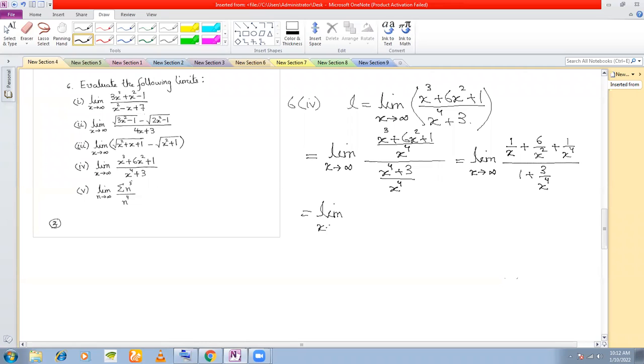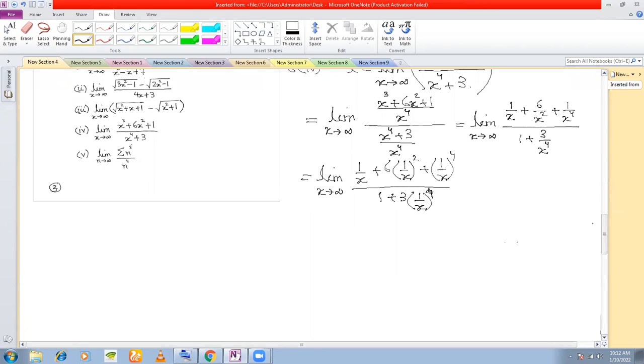So limit x tends to infinity, you have 1 by x here, you have 6 times 1 by x square, and you have 1 by x to the power of 4, divided by 1 plus 3 times 1 by x to the power of 4, right?